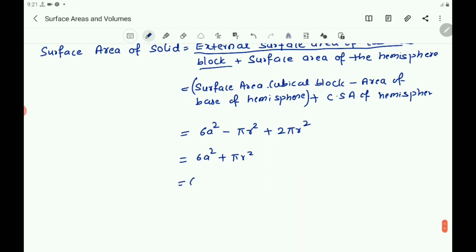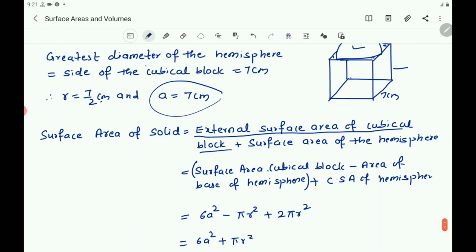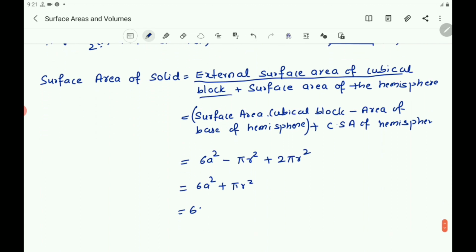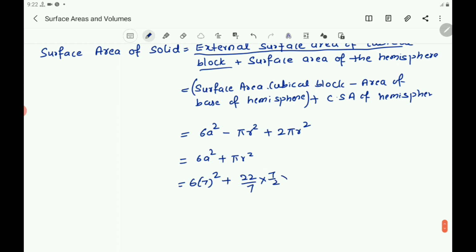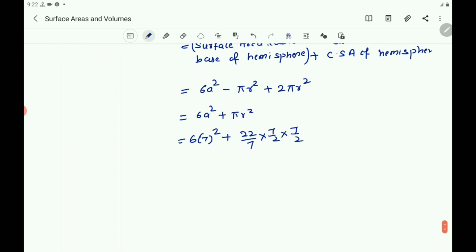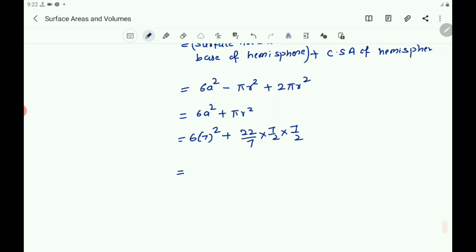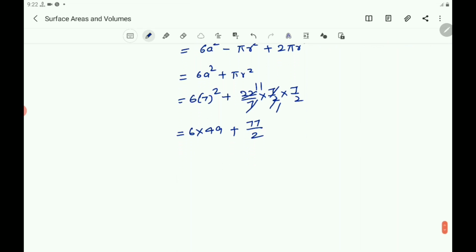Then that equals 6 into a, which is 7 centimeter, 7 square, plus pi is 22 by 7, r is 7 by 2 into 7 by 2. Then you write that equals 6 into 7 square, which is 49, plus 7 cancels, 2 elevens are 22, then you will get 77 by 2.